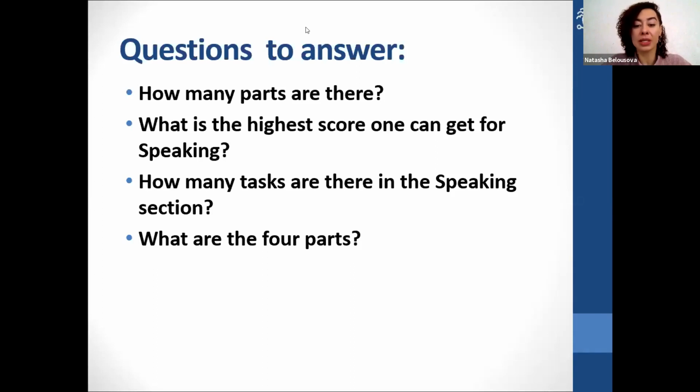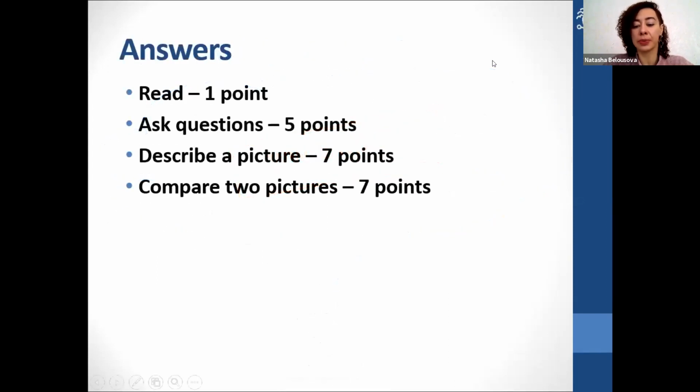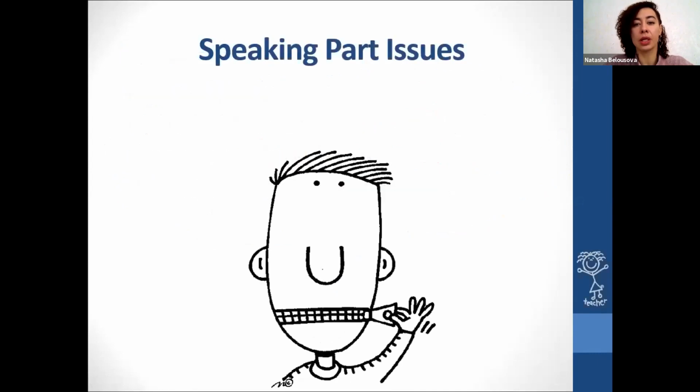So you see, the nature of the exam itself is not really communicative because there is no conversation. Basically, they're all monologues, but still there are a few issues that our students might have with the tasks of the exam. So now we're going to think about the issues. What are the issues?